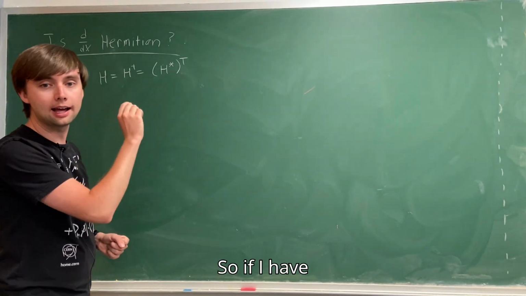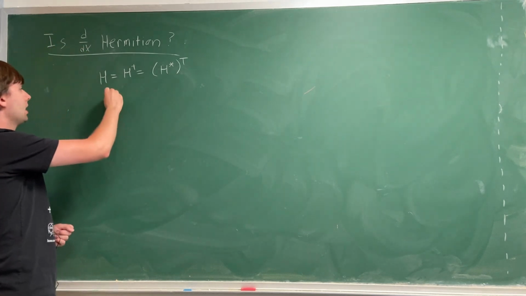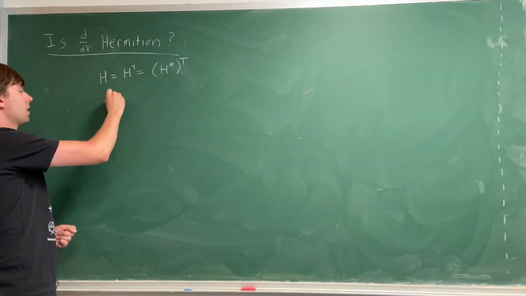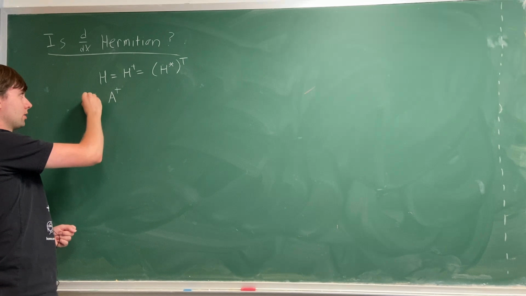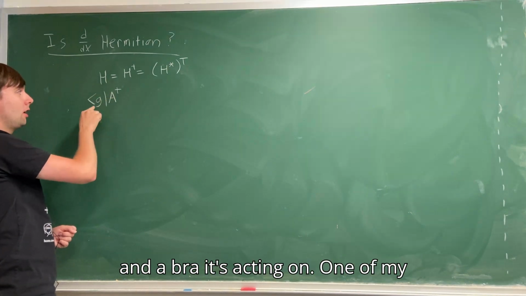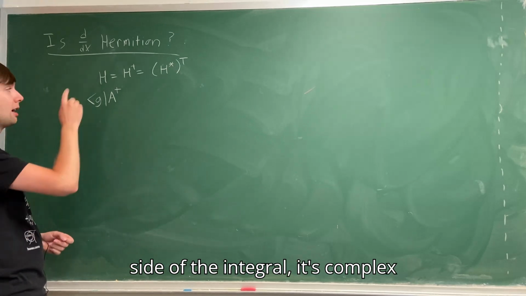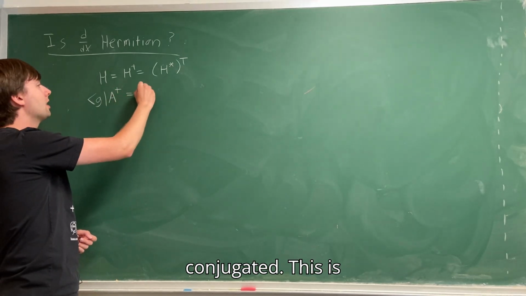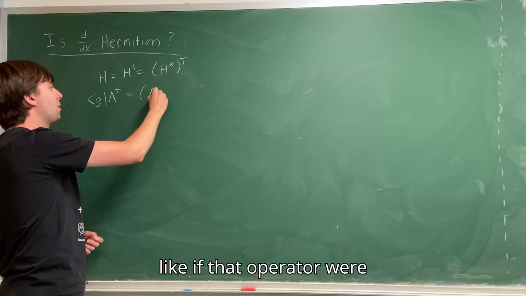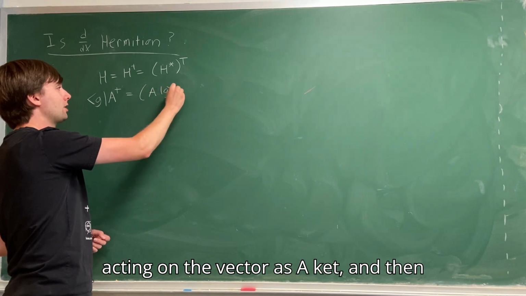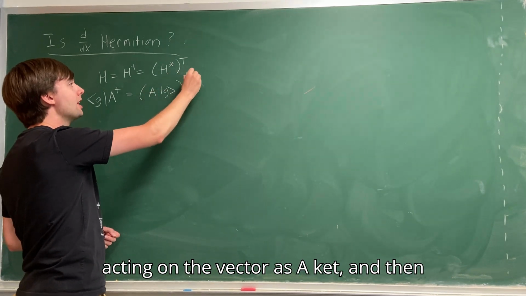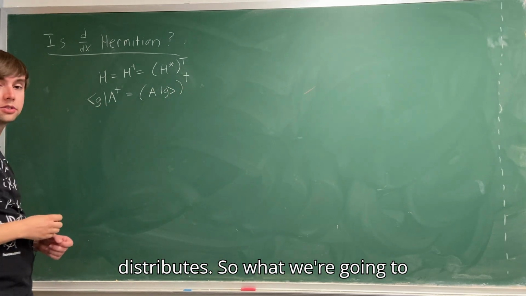So if I have a daggered operator like this, and a bra it's acting on, one of my functions that's going to be on the left side of the integral, it's complex conjugated. This is like if that operator were acting on the vector as a ket, and then it gets daggered from how this distributes.